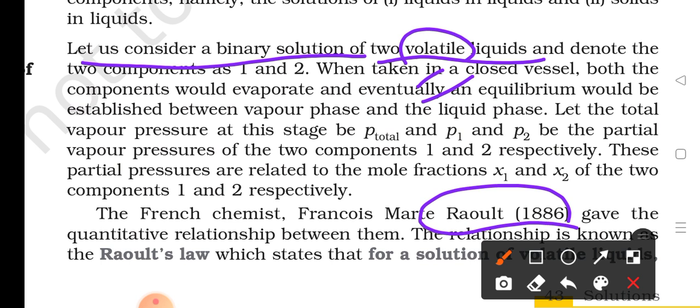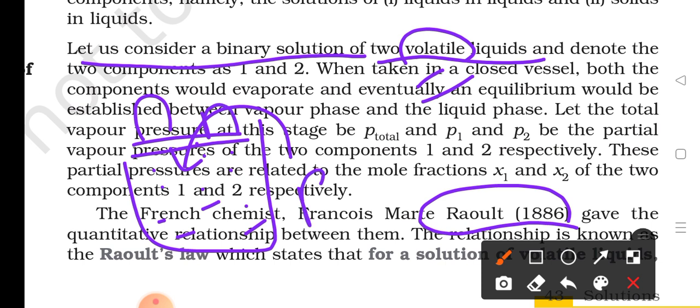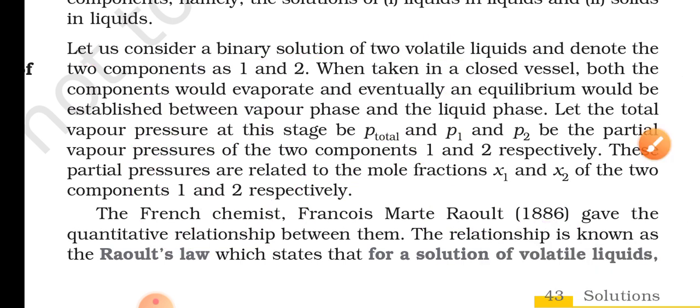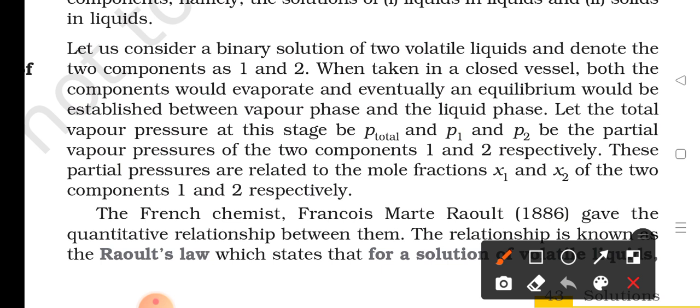In the previous video we learned about Henry's law, where we saw that if we add a gas to a liquid and give pressure, then the pressure is directly proportional to the mole fraction of that solution. But in the case of Raoult's law, don't forget to add the word volatile, because you need two volatile liquids and a binary solution of these two volatile liquids.